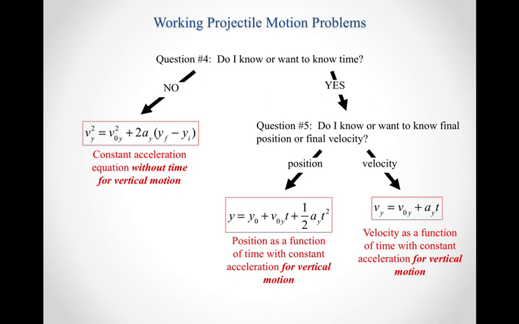Or if I do know time or need to know time, then I have my 2 position and velocity functions for the vertical motion as functions of time. So I have 3 equations that describe my vertical motion and 1 equation that describes the horizontal.